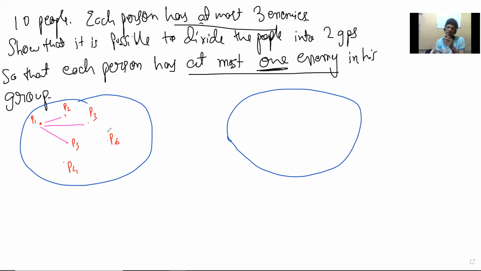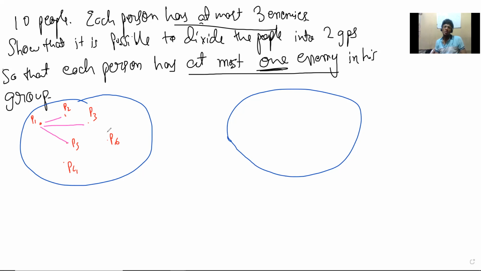One minute, let's just think. We don't know the connection between the other two. That's the point. But also, then we will know that P1 will not have any enemies in the other group, right?